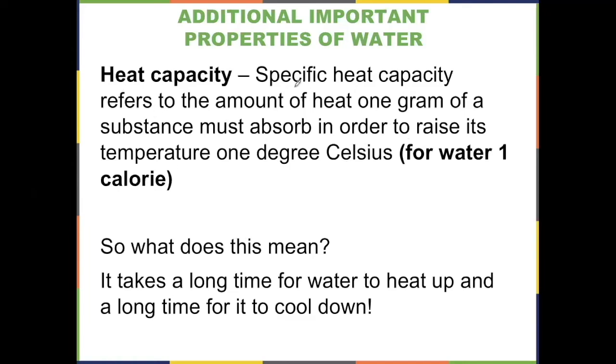Note that you can have a specific heat capacity of other substances, like alcohols have a specific heat capacity to them. It's just that we define the unit based on water because it's so important. But again, water takes a long time to heat up or to cool down. That's why when you have, say, an island, it takes longer for the temperature to change in the ocean and hence in the areas nearby.